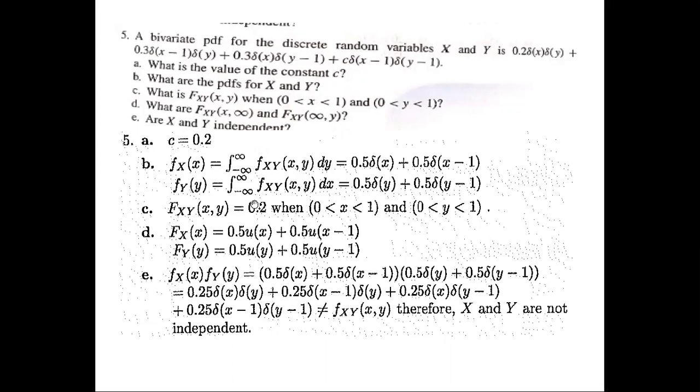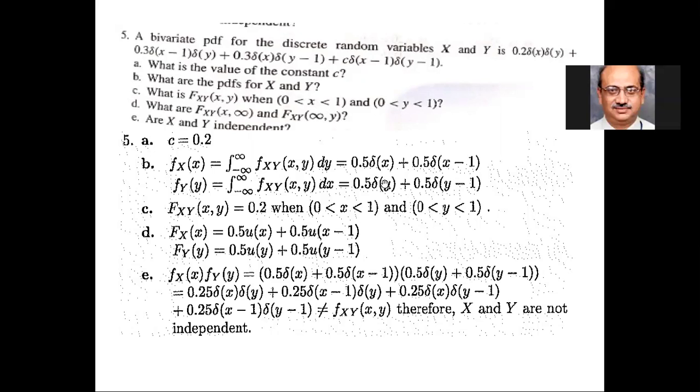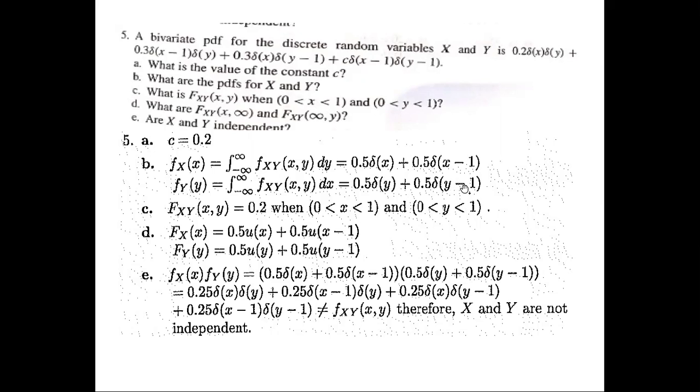Similarly, F_Y(y) will be, you integrate this, that means integration of delta(y) will be the value u(y) within the limits 0 to y1. Integrating between 0 to infinity will make it 1. Integrating delta(y minus 1) between 0 to infinity will make it 1.